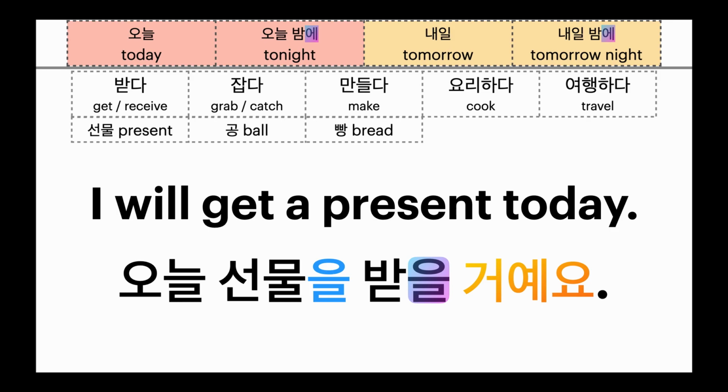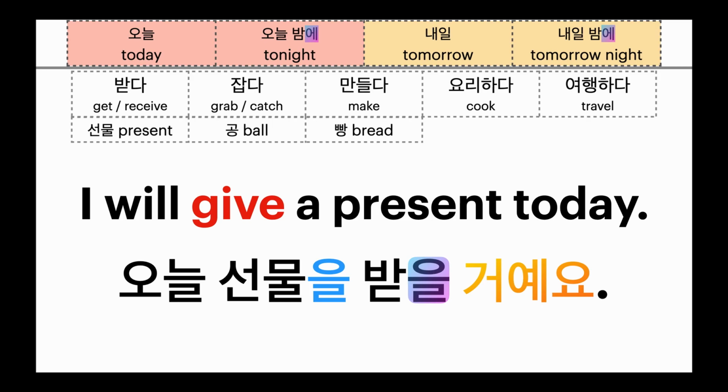How about I will give a present today? 주다, to give. 주다. So let's take out 받다, and now we need to add 주다. What do you think this sentence might be? 줄 거예요. 오늘 선물을 줄 거예요.